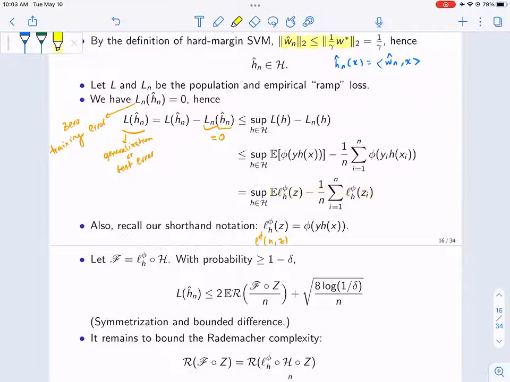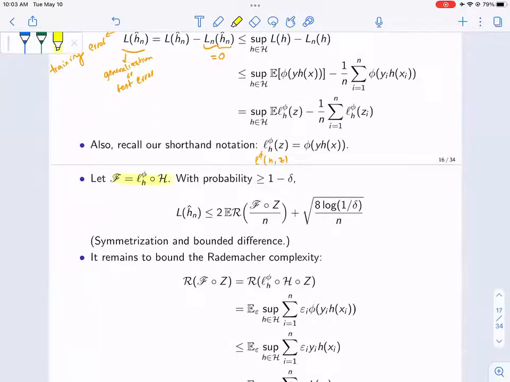Basically, if you define F to be L_phi composed with H, which is just equal to L_phi of h as h varies in H, okay, that's our loss function class notation.